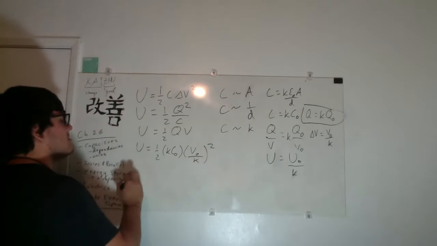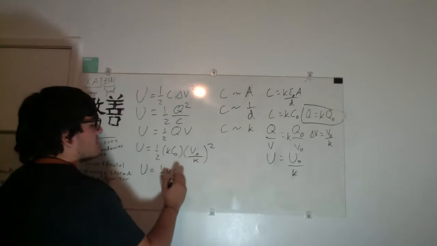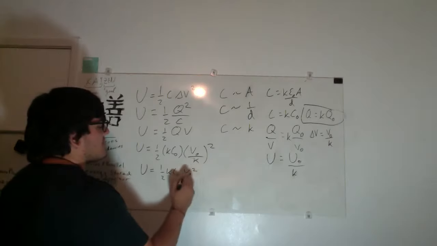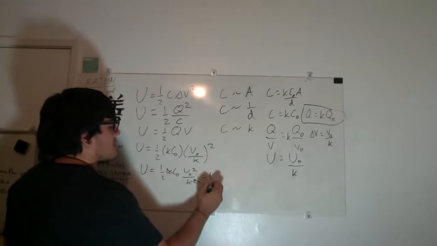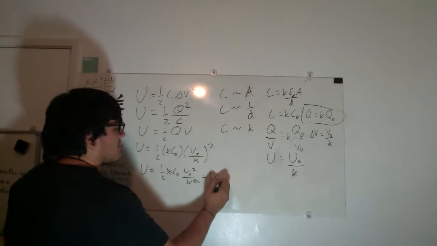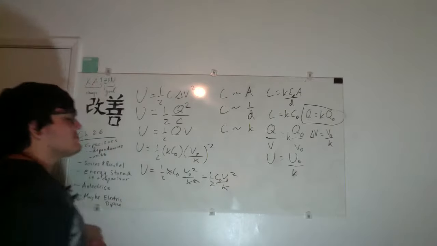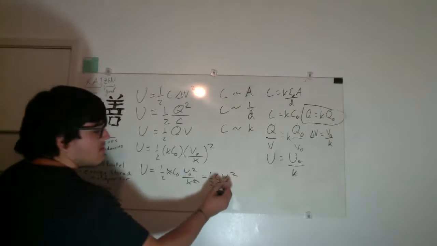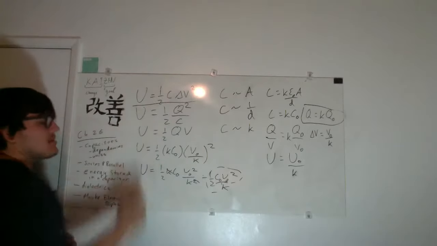So what do we get? U is 1/2 kappa C0 V0 squared over kappa squared. Let's cancel, and we get the equation here.